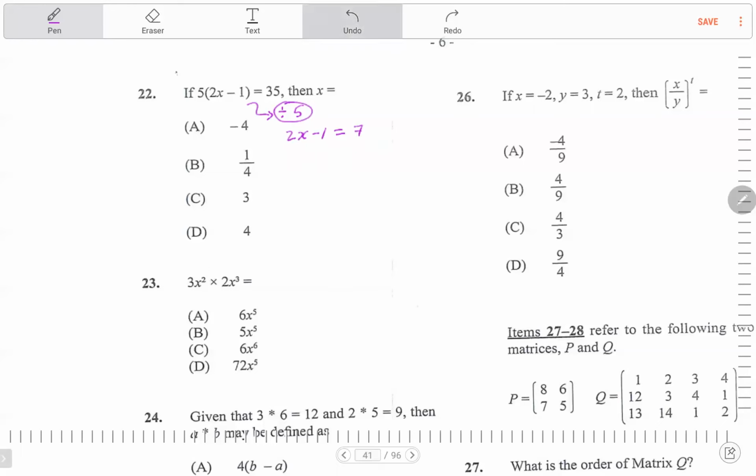Let's go step by step. So you add the 1, you get 2x equals 8. And then divide by 2, we get x equals 4. So x equals 4, and you can test it. If this is 4, then it becomes 8 minus 1, which is 7, and 5 times 7 is 35. So you know it is correct. You can always do that little check.